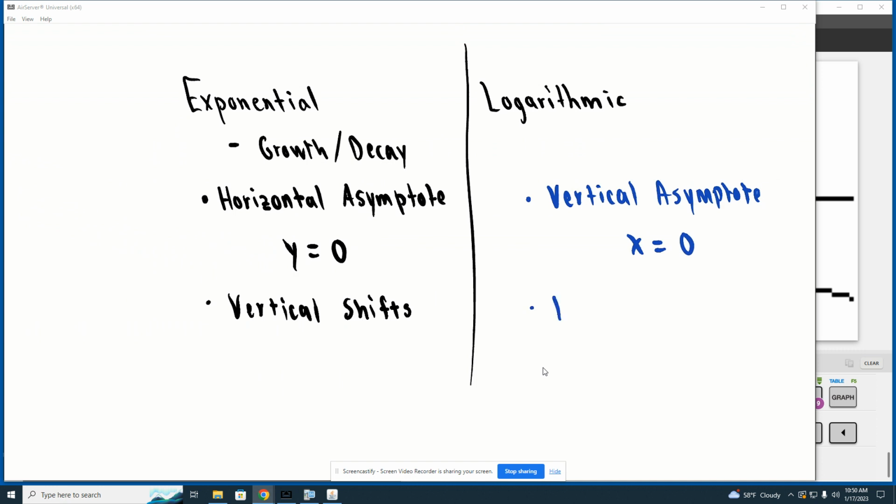Horizontal shift. If you understand the connection between these two things, it's going to make understanding these graphs a lot easier. Because we already talked about exponential functions. Today we're talking about logarithmic functions.